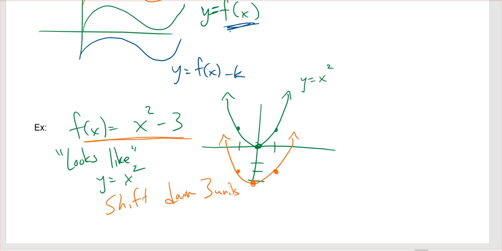Something that we ought to absolutely keep in our pocket is that we can check ourselves by plotting points. We did this all last section. We plotted a bunch of points, we said, hey, that's on the graph, and we drew pictures by noticing a pattern of the points. We always want to be able to fall back on that.